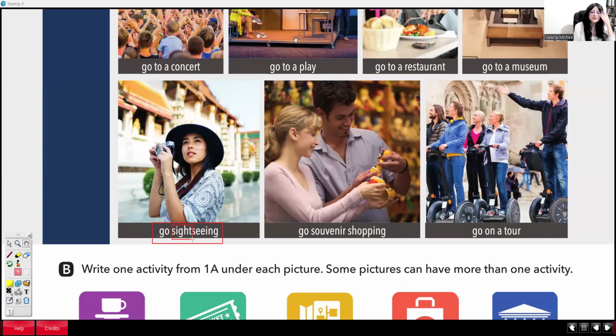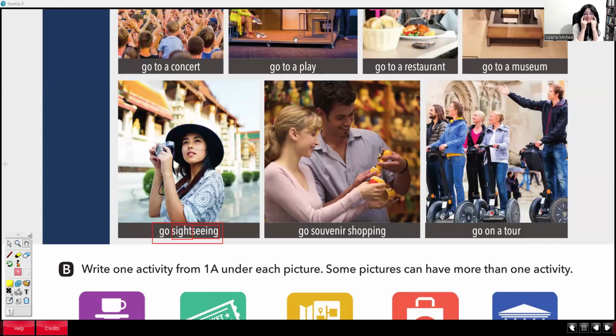Sight. Does anybody know this word? Mirar. Okay, and seeing? Mirar also. It's like a verb in the conjugation. Plus ing. Sight could be the noun, vista.